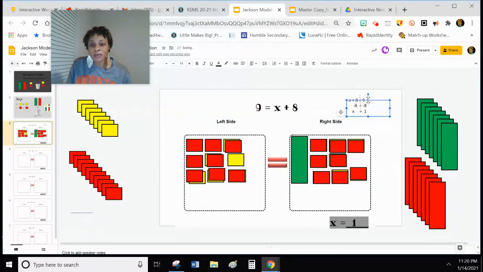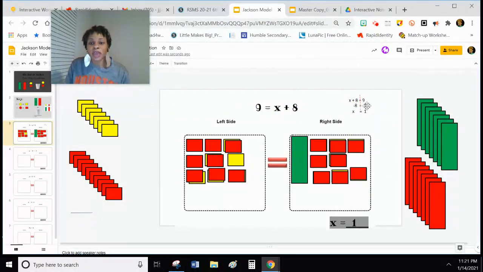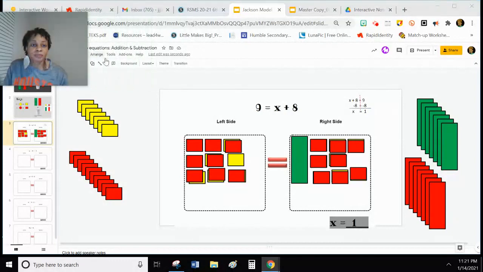This is the same thing we did with the counters, with the tiles, just doing it numerically. So I subtract 8 from both sides. Then I draw my line because I need to do some simplifying. Positive 8 and a negative 8 zero out. I bring down my X. Let me see if I can add an arrow in here.